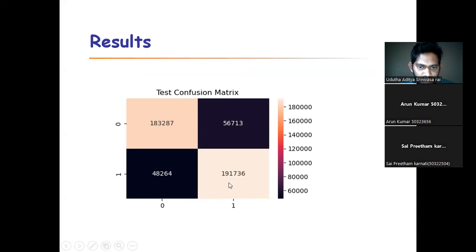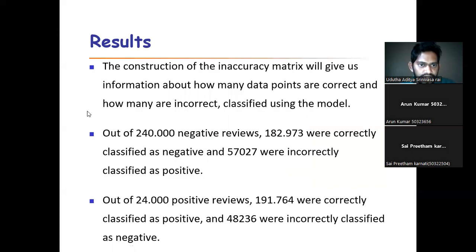So if we see, 191,000 records were detected as positive, and 48,000 records were errors which our code detected. Basically, if we go to the efficiency of the code, that lies approximately between 70 to 77 percent. So this was the result.